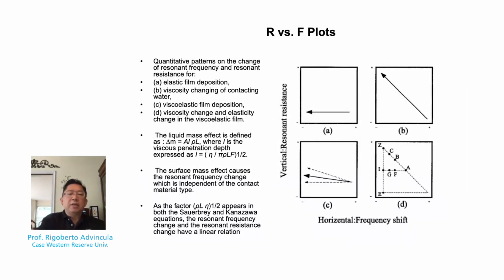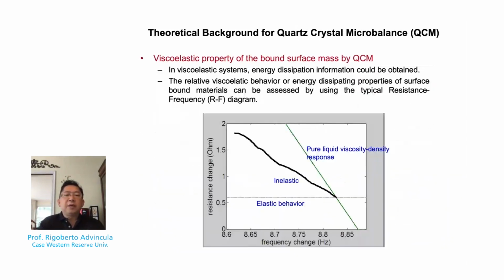So just to give you an experimental sample here, this is actually one of the films that we measured in our lab, where you have a plot with a negative slope as shown here. The viscoelastic material means that the property is differentiated from a totally elastic behavior, which is represented by a zero slope.